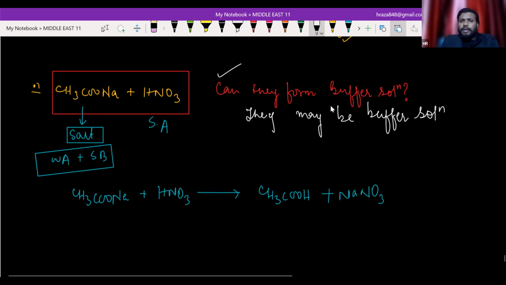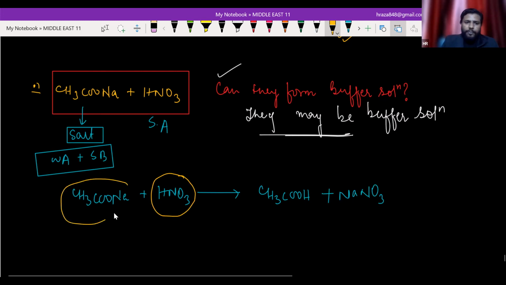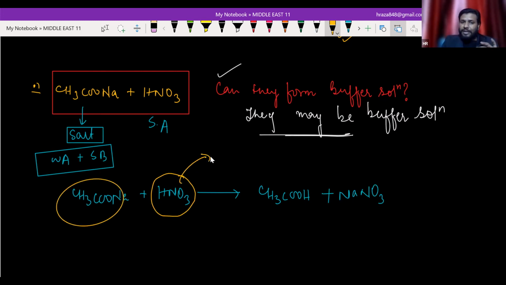What I told you is, they may be a buffer solution. There will be a condition. If you take a little amount of HNO3 and a large amount of CH3COONa, then the strong acid, whether it is a strong acid or a strong base, should be the limiting reagent. If it is limiting reagent, then it will be spent in the reaction and it will be empty.